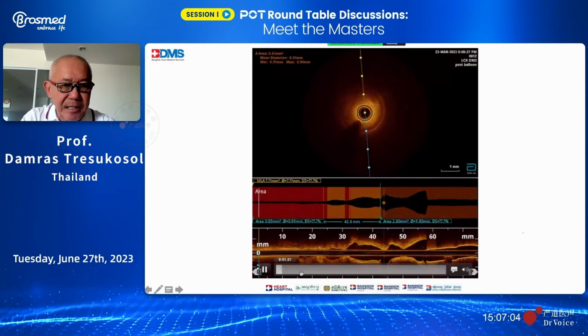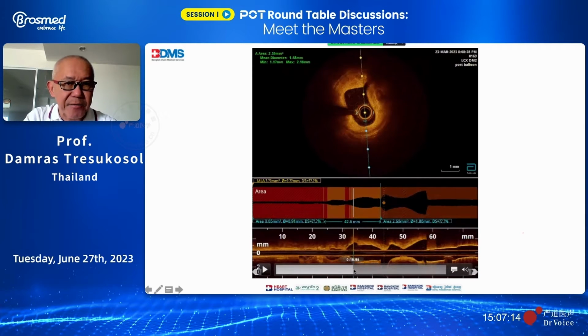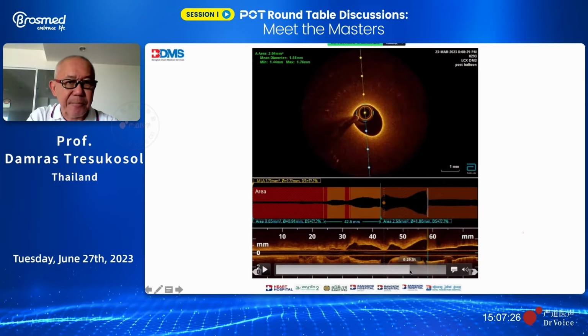So this is the OCT finding. I scroll fast a little bit to see from this image. So this is the distal shoulder, the OCT finding of the circumflex artery. We scroll until here. Now you can see that this is the minimal lumen area around here, and to the left main.